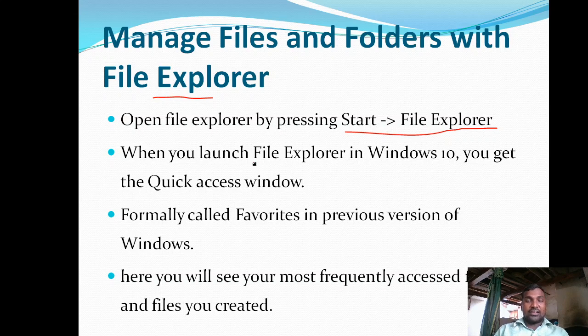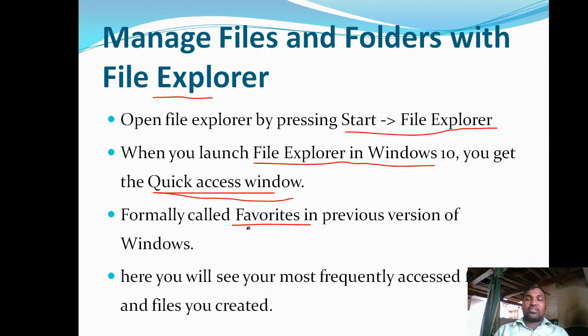When you launch File Explorer in Windows 10, you get a Quick Access window. After opening File Explorer, it displays a window that contains the Quick Access window. Formerly, this Quick Access window was called Favorites in previous versions of Windows.